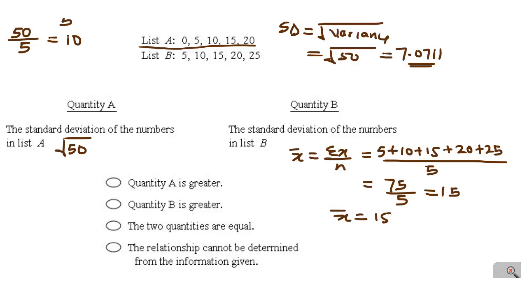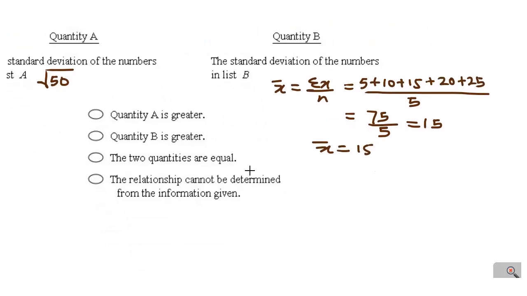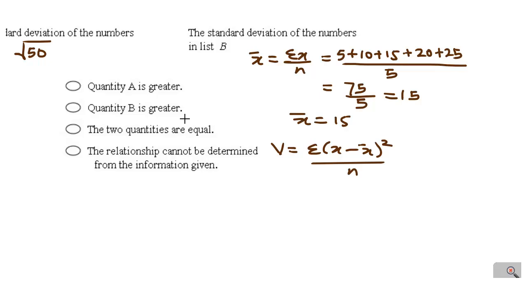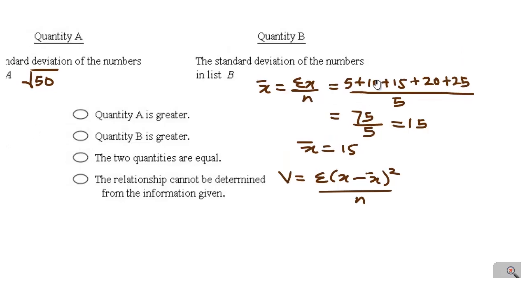The next thing is for us to get the variance. So what will be the variance? The variance is summation x minus mean, squared, over n. So let's plug it in. We now have each of the x represented here.